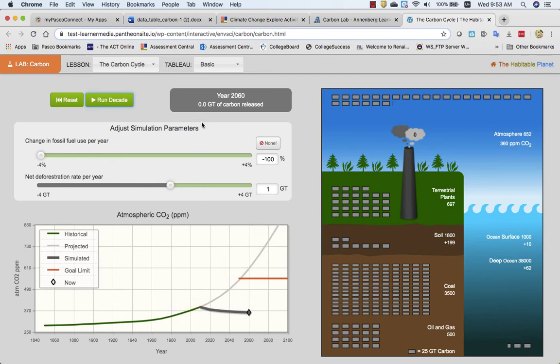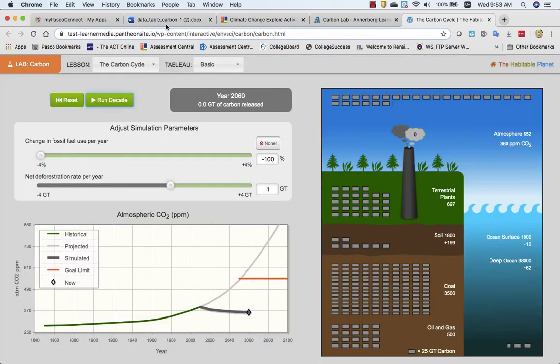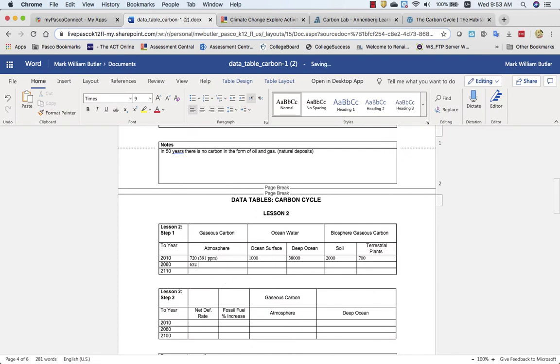But now we found this new clean energy that doesn't produce carbon dioxide, and look what happens. This is zero. Look at these values, okay? These are the values that you're going to put into your data table. So 652, okay? What happened? Look at this, 652, and the parts per million is 360.